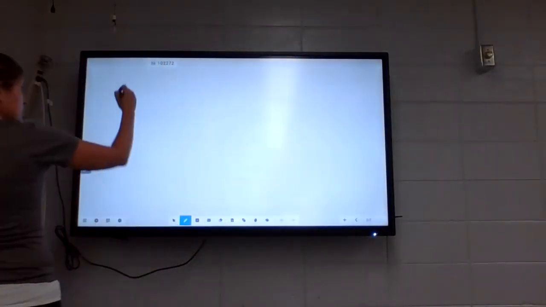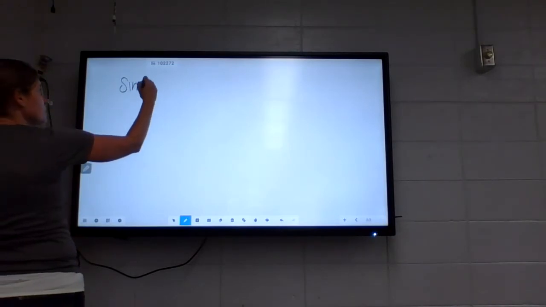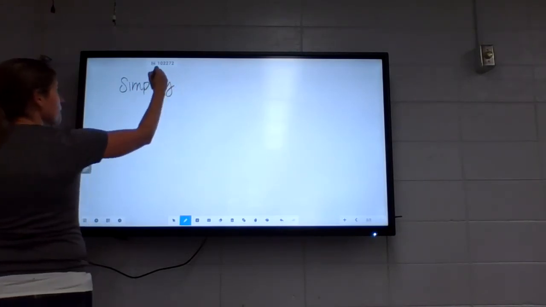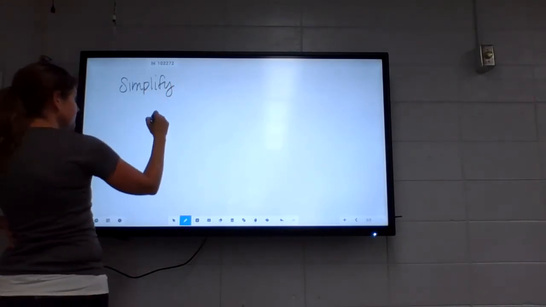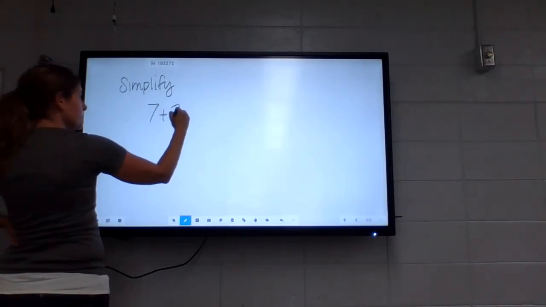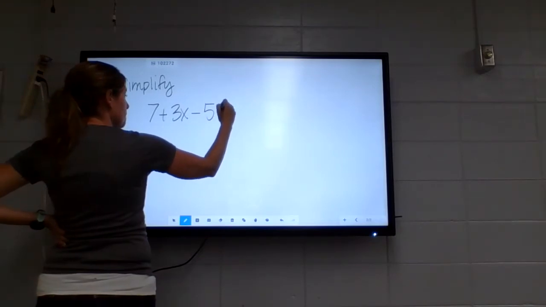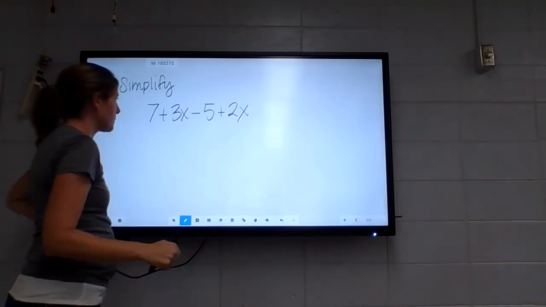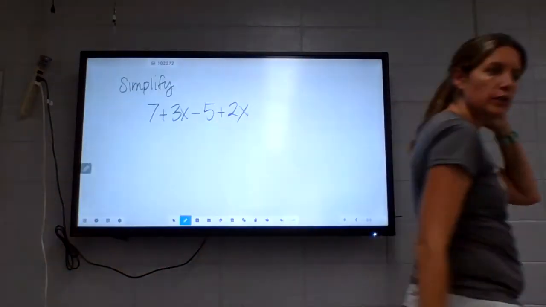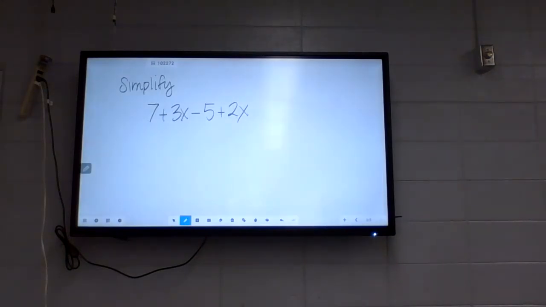So I want you to simplify these by combining like terms. Okay, so simplify this by combining your like terms. And it doesn't matter what order you put it in when it's done.